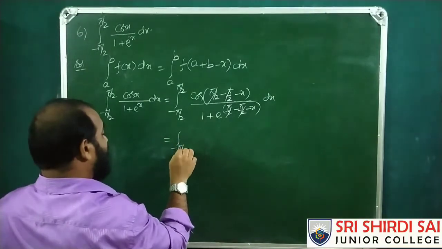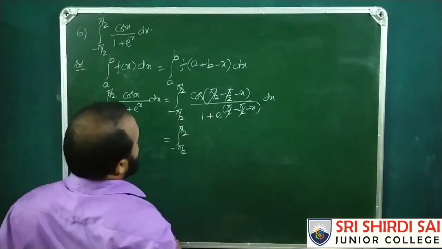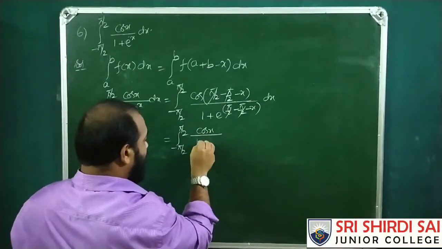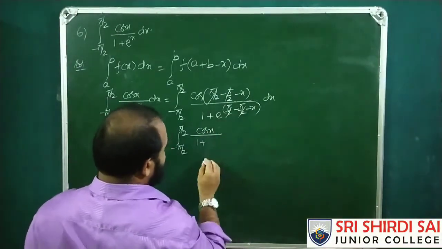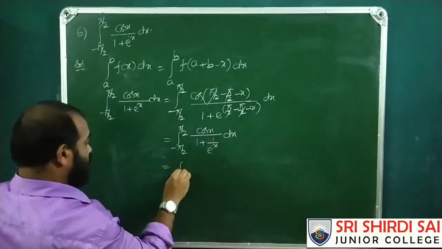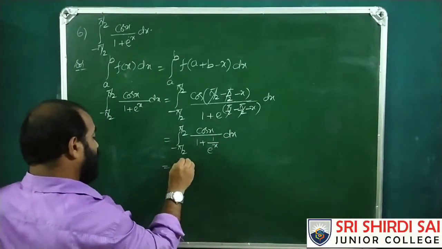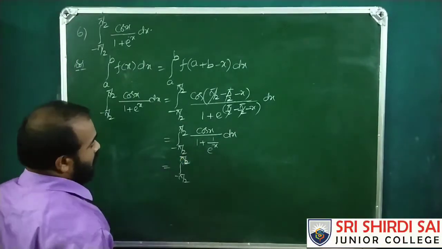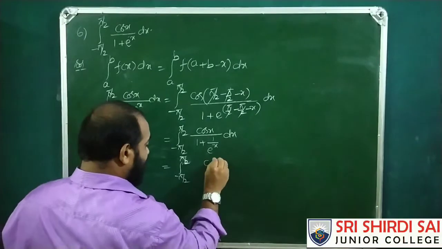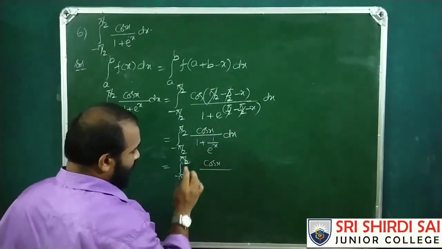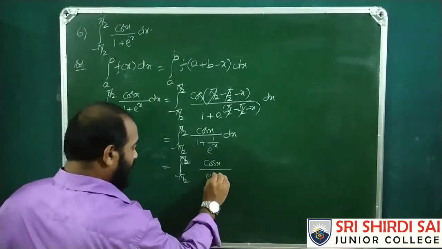So integral minus pi by 2 to pi by 2 of cos minus x, which is cos x, by 1 plus e power minus x, which is 1 by e power x, dx we can write. So minus pi by 2 to pi by 2, cos x by, this is e power x into (1 plus 1 by e power x), LCM, so e power x plus 1.